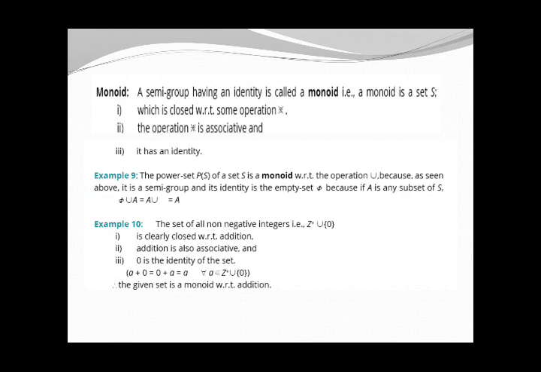Next is associative. Associative also holds if we apply it on these numbers, and 0 is the identity of the set because 0 added to any number leaves it the same. Therefore, this set is a monoid.